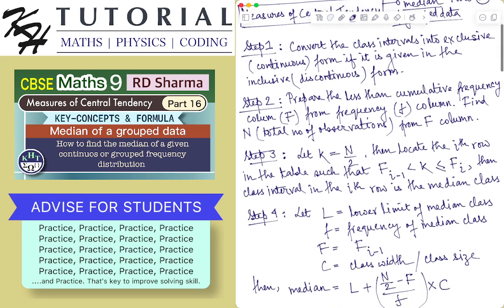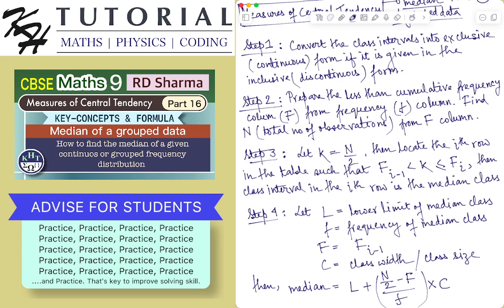Okay. Now in step 3, we will see the value of n by 2. Let's say k is equal to n by 2, where n is the total number of observations. Now, based on the value of k, I have to locate the ith row in the table, so that k lies between Fi minus 1 and Fi. K could be equal to Fi. Now, what is Fi?